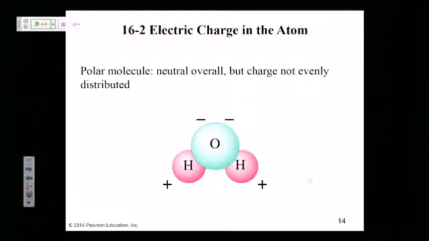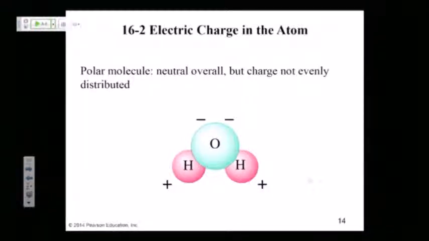If you completed chemistry class, you all know that oxygen has 8 protons and 8 electrons, and hydrogen has 1 proton and 1 electron, right? So the water molecule has 10 protons altogether: 8 inside the oxygen, 1 inside this hydrogen, and another 1 inside this hydrogen atom. 10 protons.